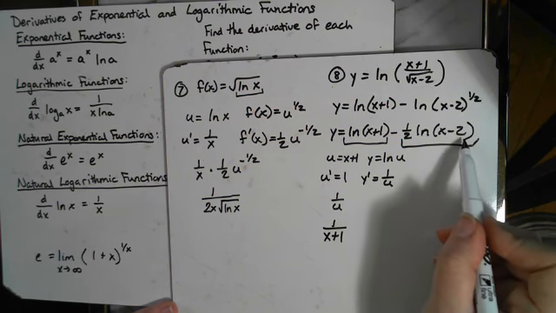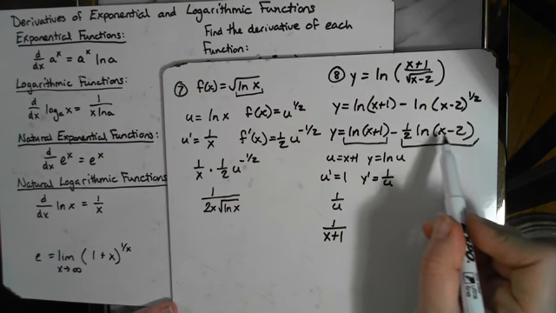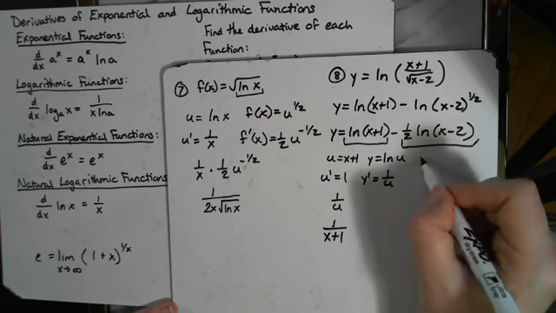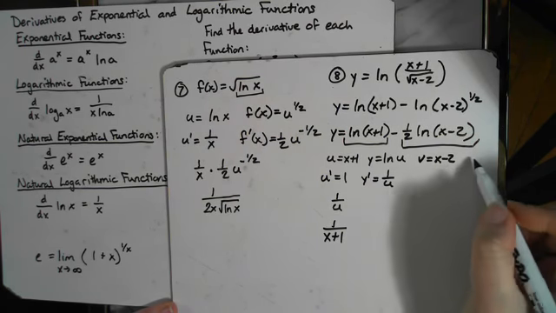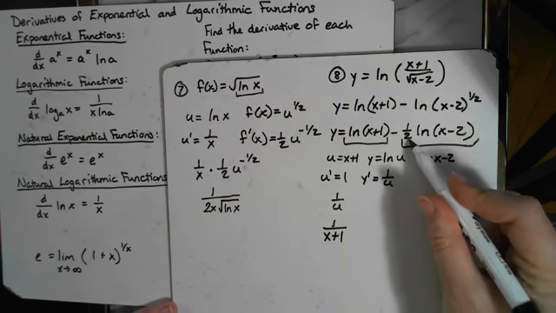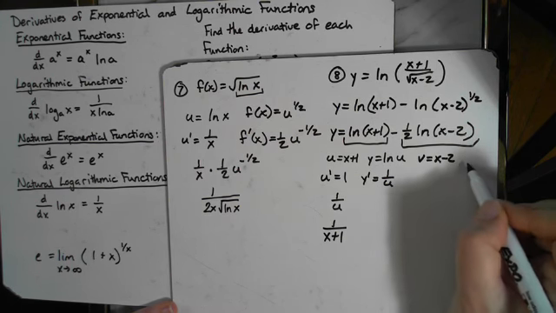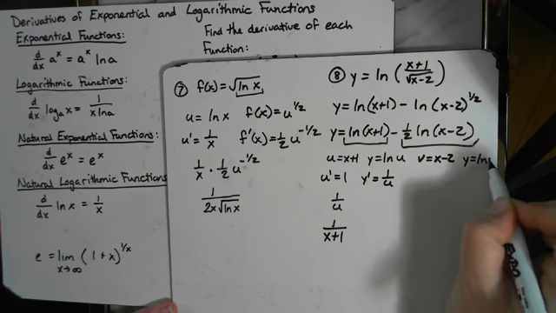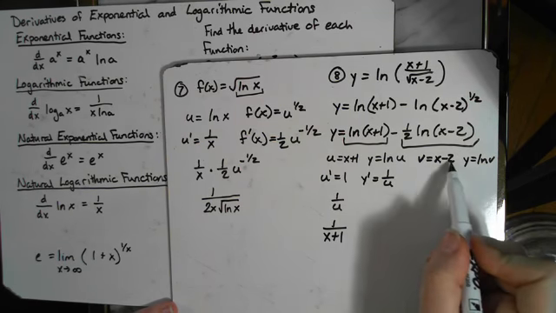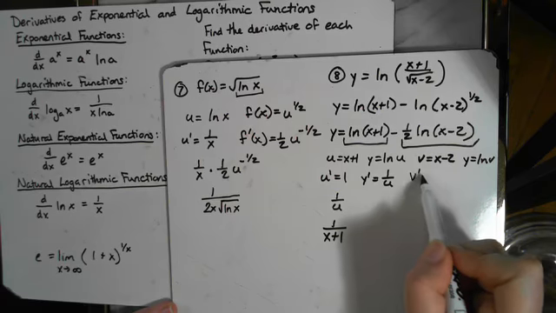Now let's look at this other part. Okay, my inside function, I'll call it v, is x minus 2. My outside function, this constant just gets multiplied at the end because it's a constant. So my outside function is going to be the natural log of v. The derivative of this is just 1.